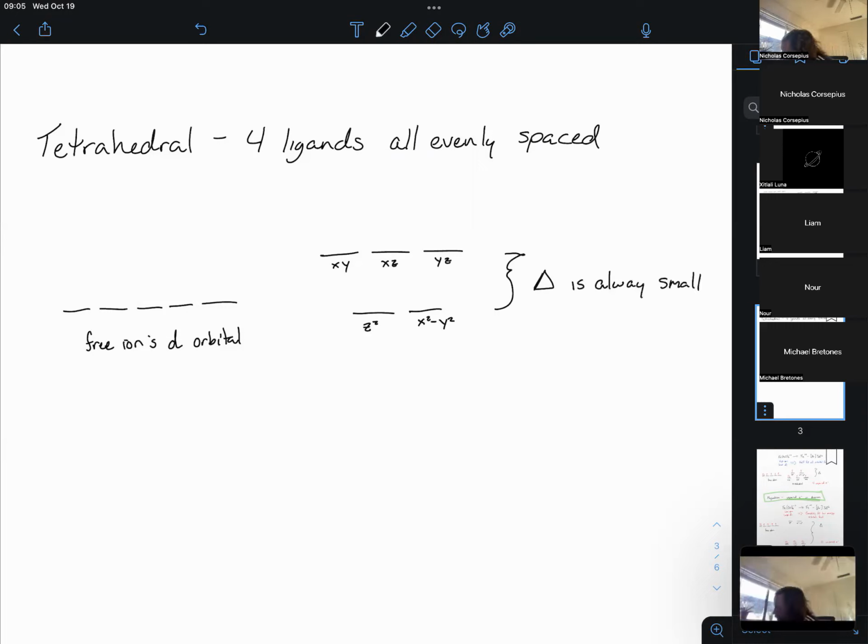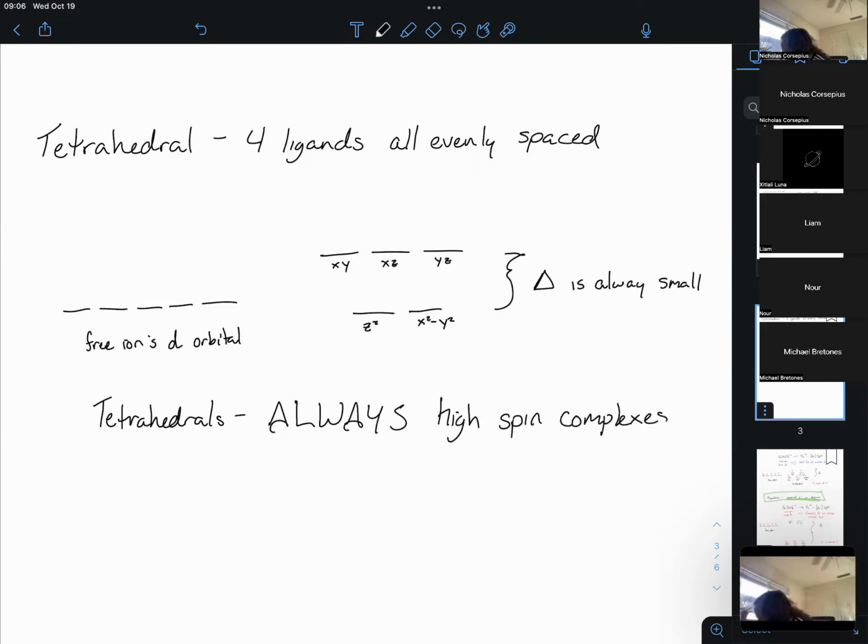So what that means is that tetrahedrals are always high spin complexes. And remember what it meant to be high spin is you half fill all orbitals first.